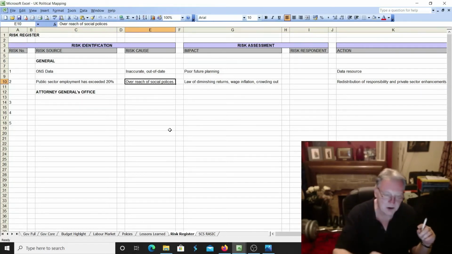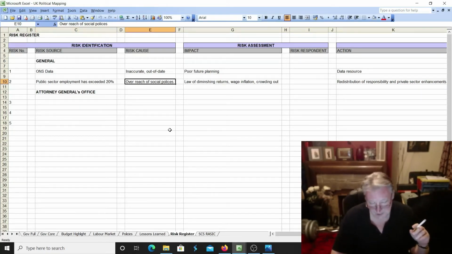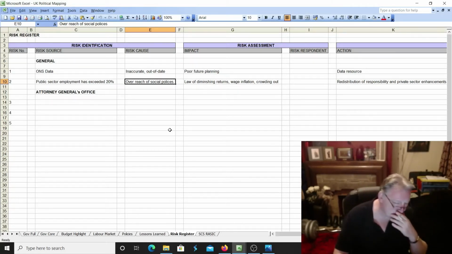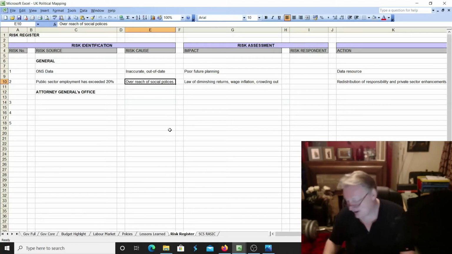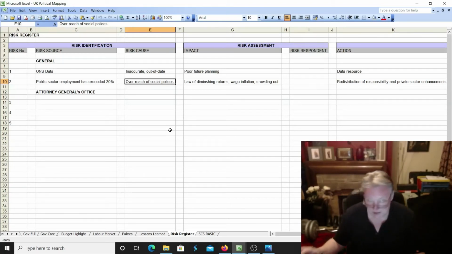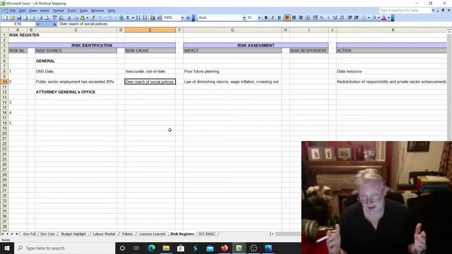Now, why would we end up with a larger workforce within the public sector? It strikes me that the obvious reason at the moment, because of all the different policies that are coming out, and as I've pointed out before, the sheer size of the UK government, is just pure overreach. They are taking on levels of responsibility, and the general public are becoming less and less responsible for themselves as a result of it.